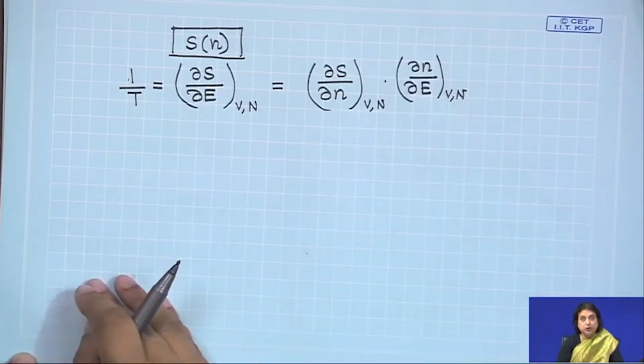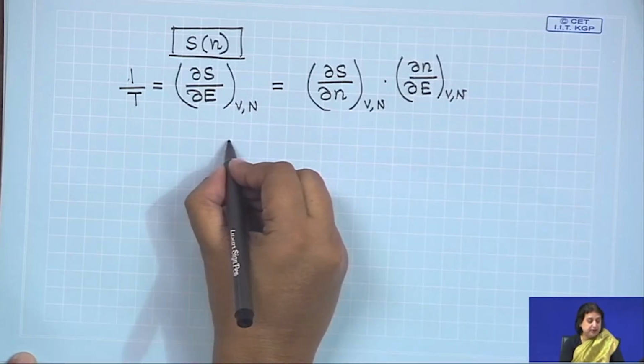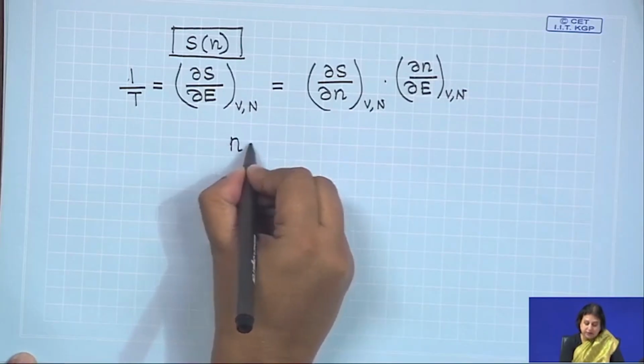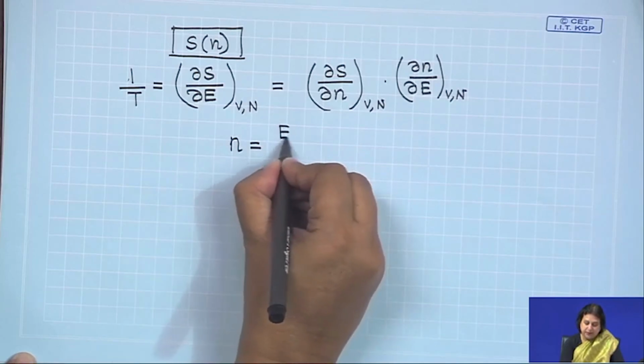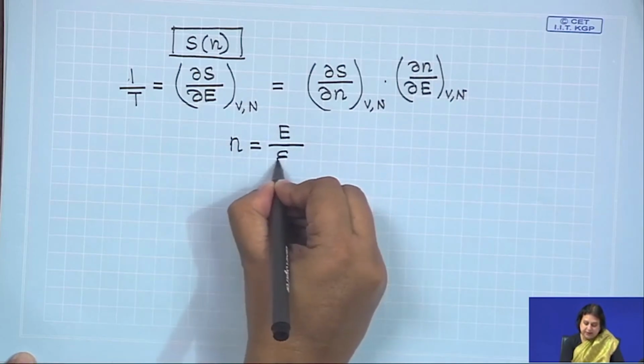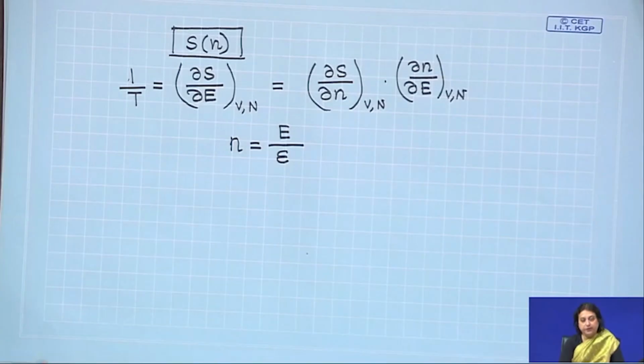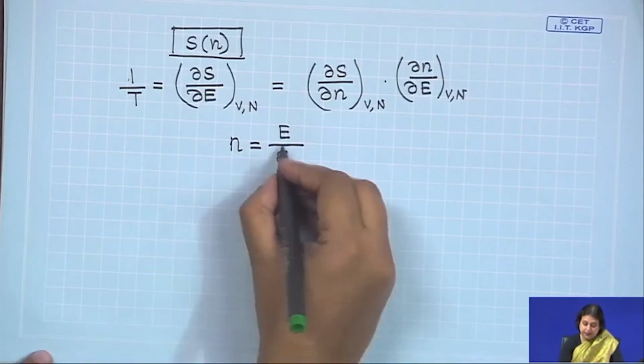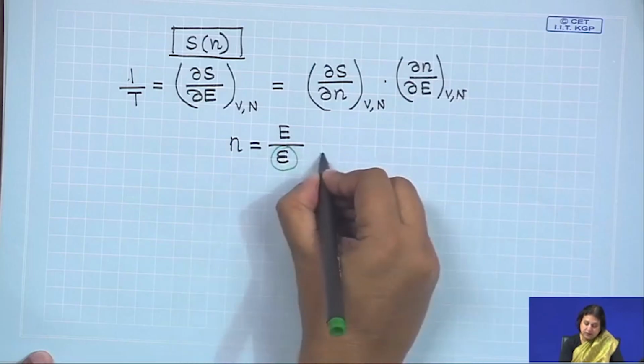But do you know what n is? Of course, we know that small n is related to capital E. That is, n is capital E by epsilon. Now, please try to understand that for a given system, this epsilon is a constant.